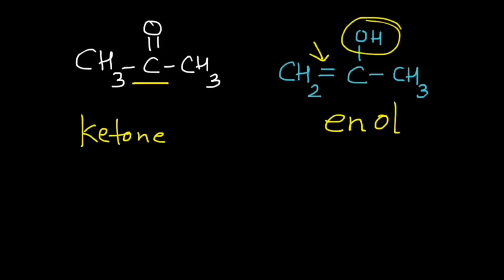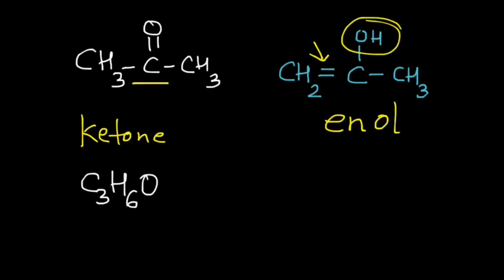But the interesting thing about these two compounds is that they have the same molecular formula. Let's check. On the left we have 3 carbon atoms, then 3 plus 3, 6 hydrogen atoms, and there is 1 oxygen atom.